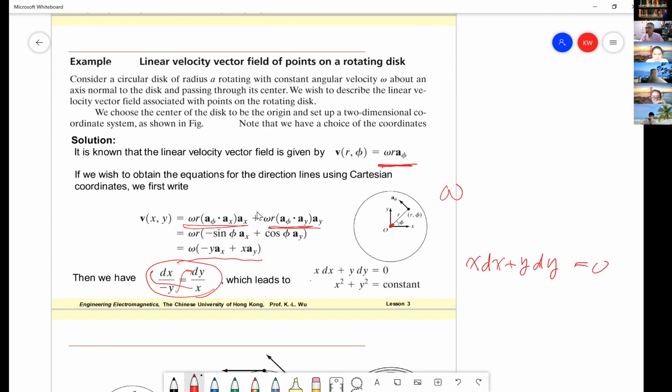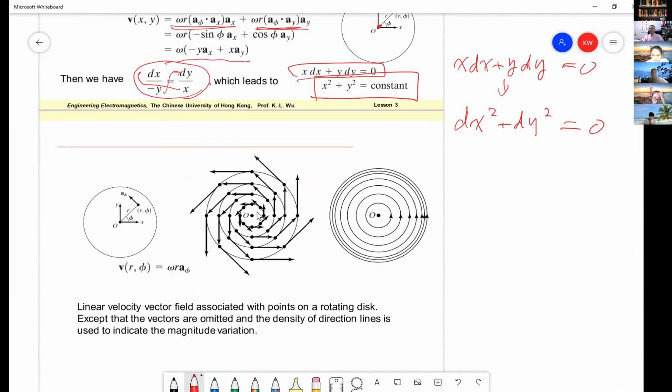Then you do the integration. This means x squared plus y squared equal to a constant.